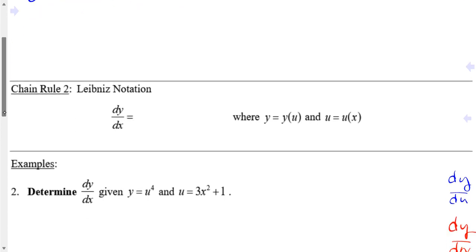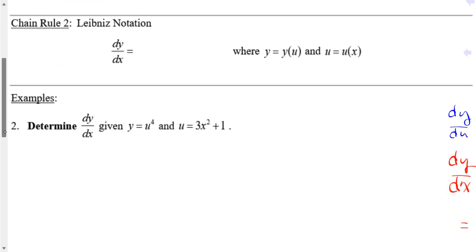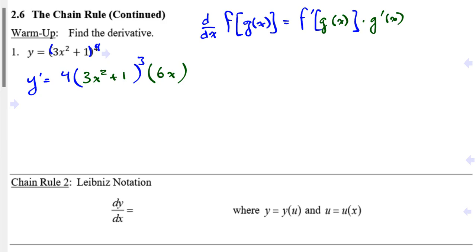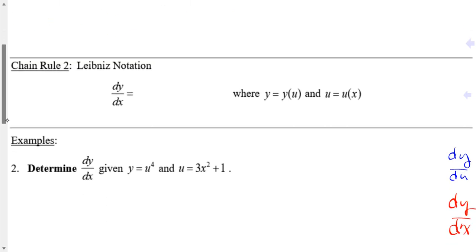We want to look at the chain rule using Leibniz notation, and here's what it looks like. dy/dx is equal to dy/du times du/dx, where, stick with me here, we're thinking of y as a function where u is the independent variable, and u is a function where x is the independent variable.